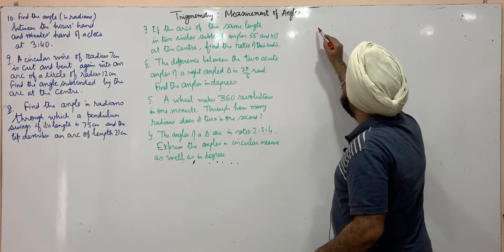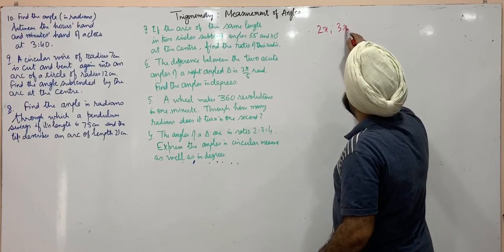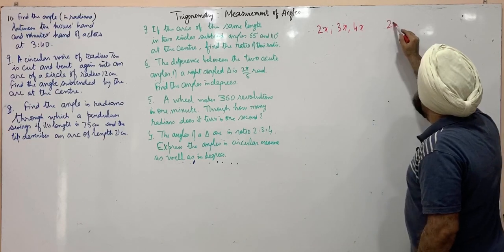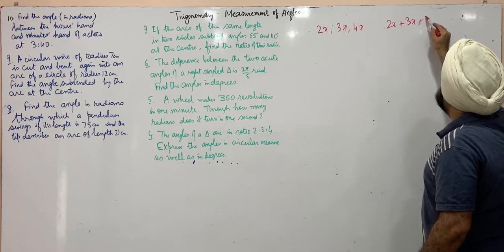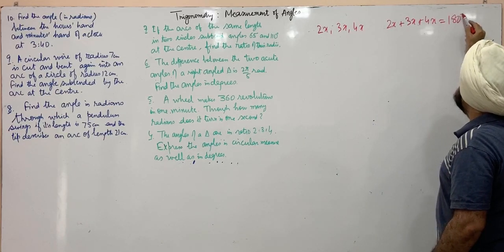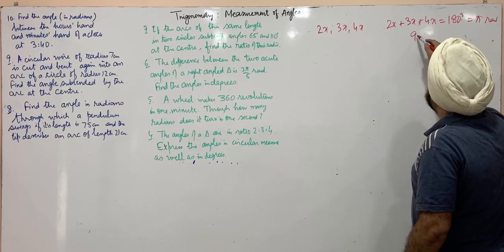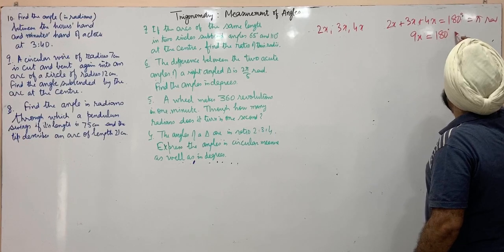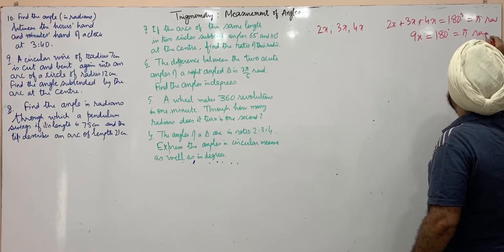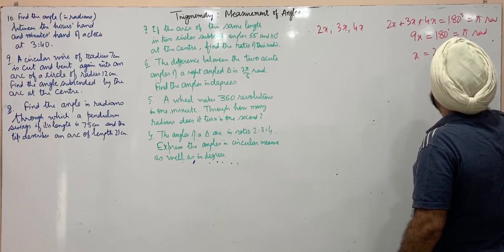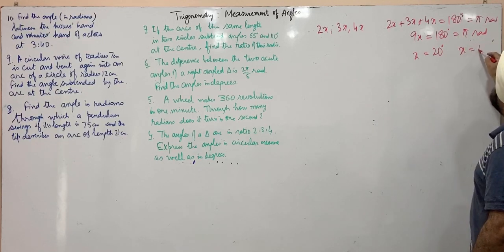Let the angles be 2x, 3x and 4x, and we know the sum of the angles is 180 degrees or pi radians. So 9x equals 180 degrees, or pi radians. x is 20 degrees or x is pi by 9 radians.